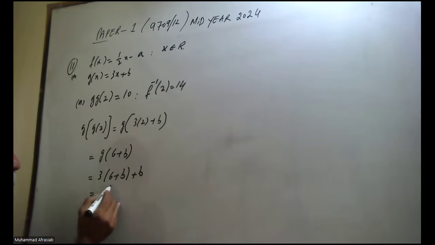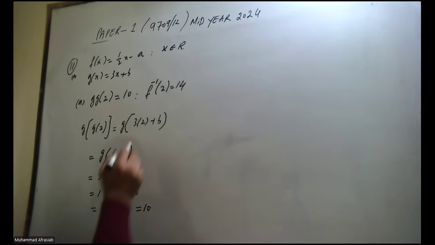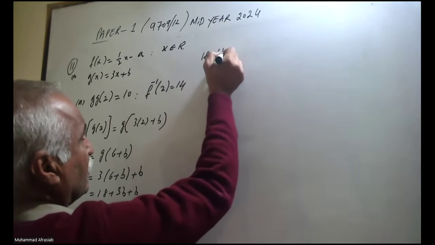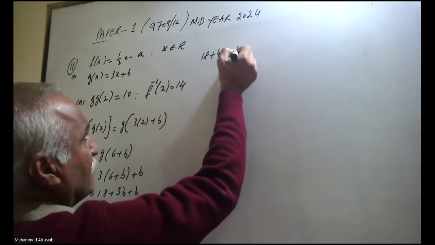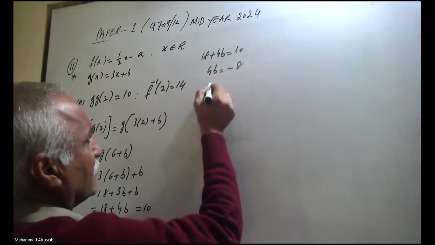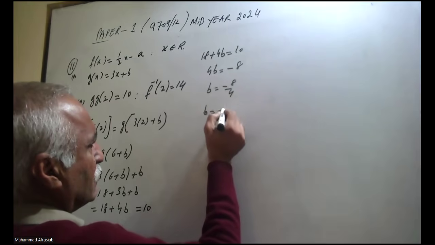So that thing is equal to 18 plus 3b plus b, or that is equal to 18 plus 4b, and that value is given equal to 10. So 18 plus 4b is equal to 10. So 4b is equal to minus 8, or b is equal to minus 2.